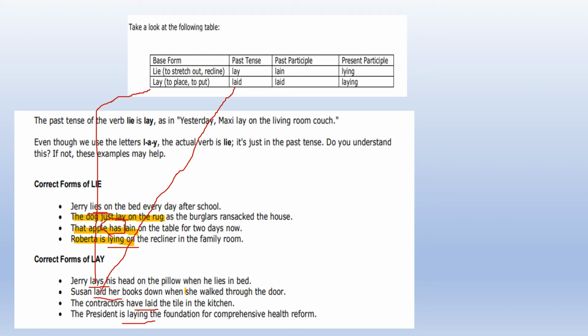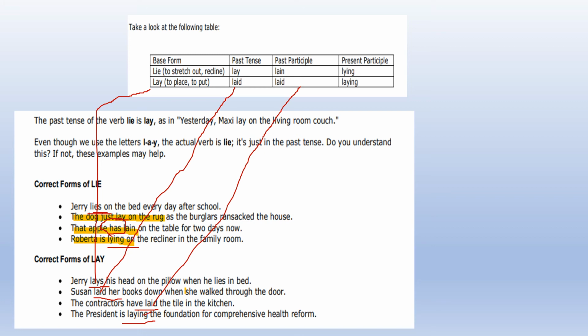Okay, the contractor have laid the tile in the kitchen. Again, laid is the past participle, has to have a helping verb. So we have used the helping verb of present perfect tense, have, over here. So laid over here is the past participle, and the president is laying the foundation.